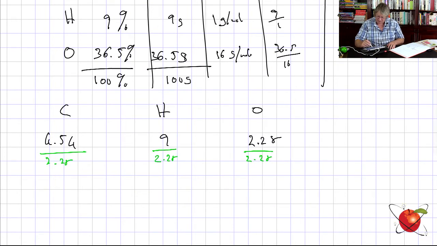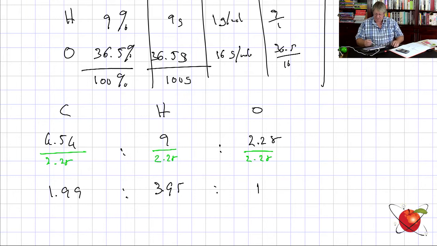Let's just get back to black. 2.28 is a 1. 9 divided by 2.28 is equal to 3.95. Can you see the ratio? 4.54 divided by 2.28 is equal to 1.99.